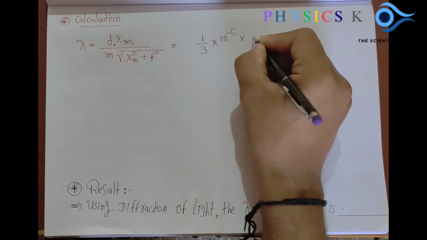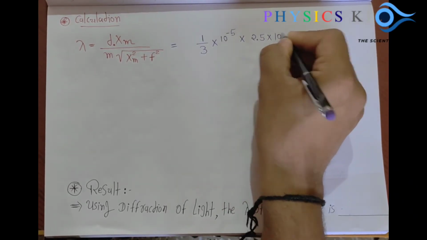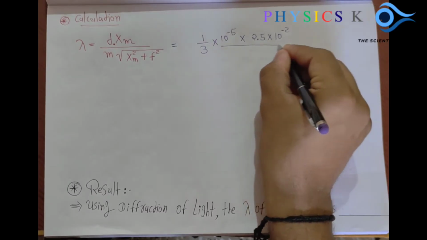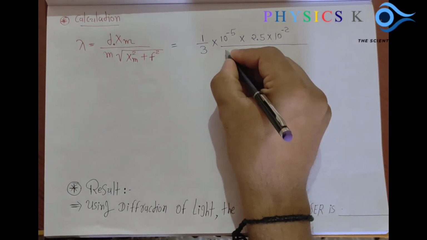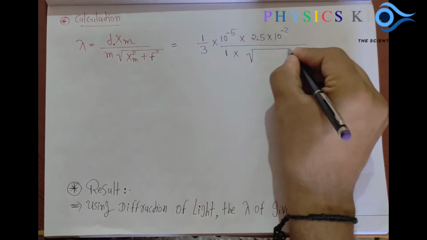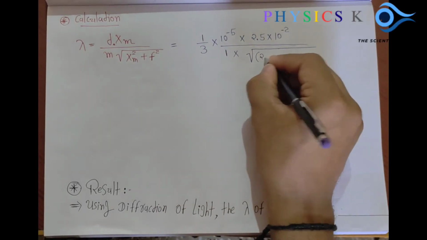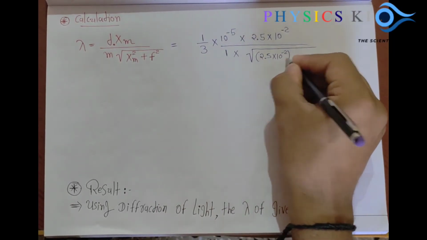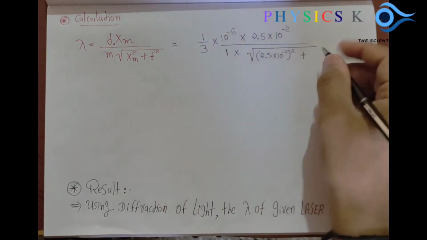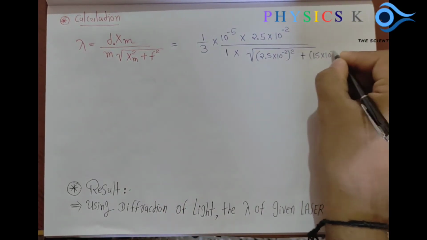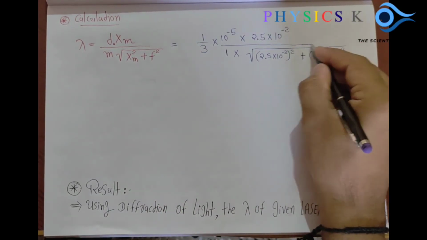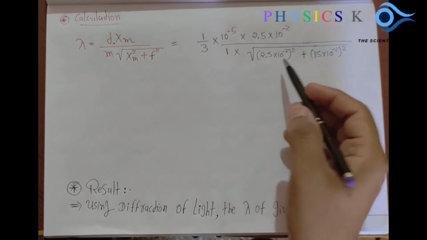What is my xm? Average value 2.5 × 10^-2 divided by m. For first order it is 1 over root of xm value 2.5 × 10^-2 whole square plus f, it is 15 × 10^-2 whole square. So this one is my value.